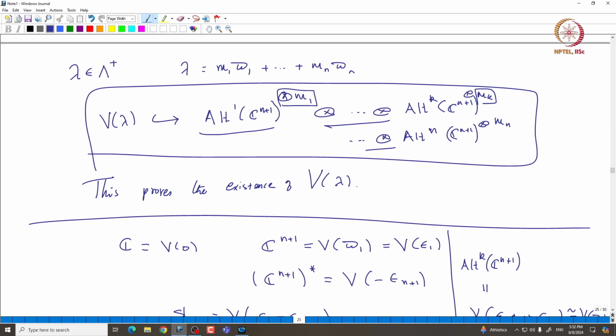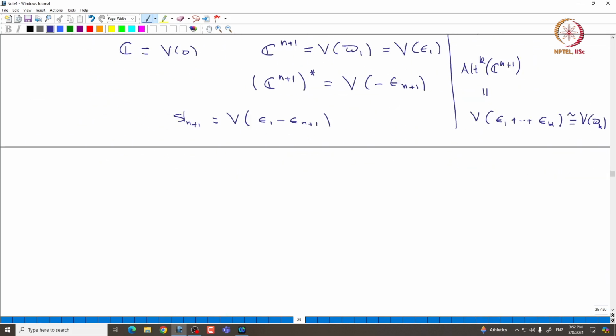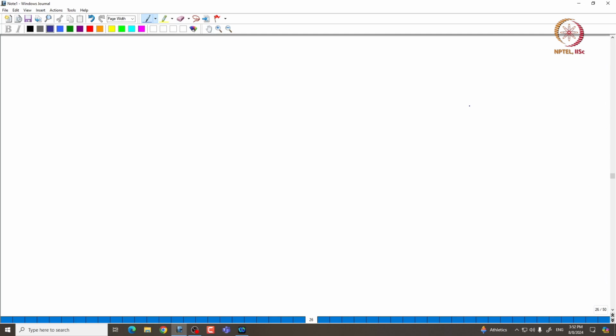But Verma proposed this idea of the Verma module, which can be defined for any lambda in H star. For any lambda in H star, we define these Verma modules, which are defined to be the highest weight representation of highest weight lambda, but somewhat universal.